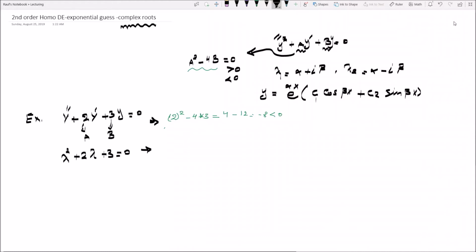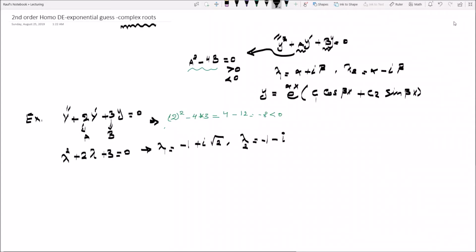Now, solving for this second order equation, lambda 1 would be minus 1 plus i square root of 2, and lambda 2 will be equal to minus 1 minus i square root of 2.